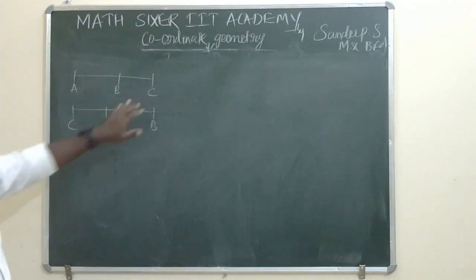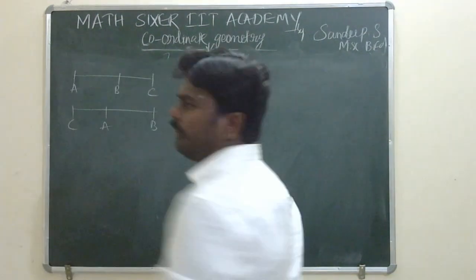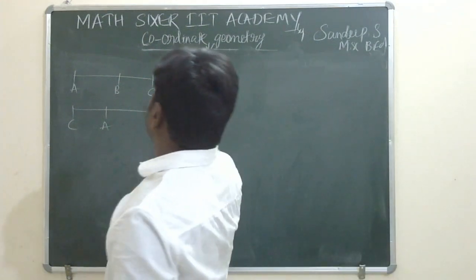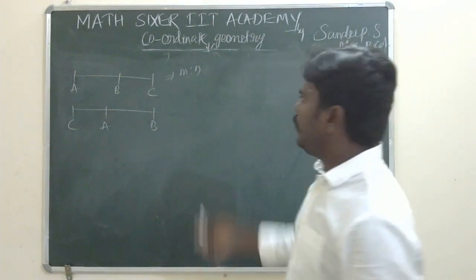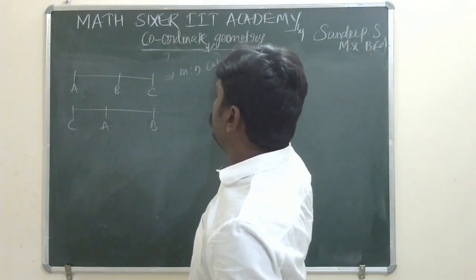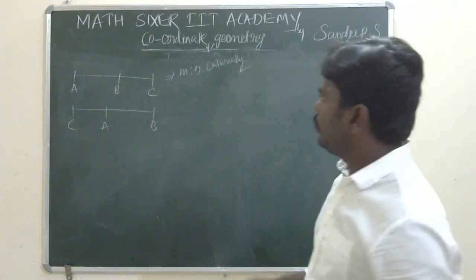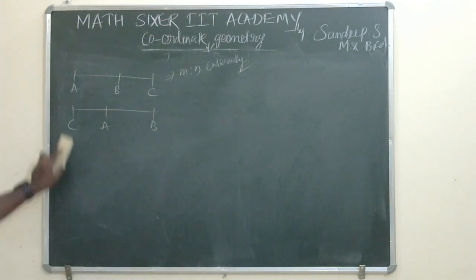The point C may be on the right side of AB, meaning external to AB, or the left side of AB. And C divides AB in the ratio of m is to n externally. Then what is point C?